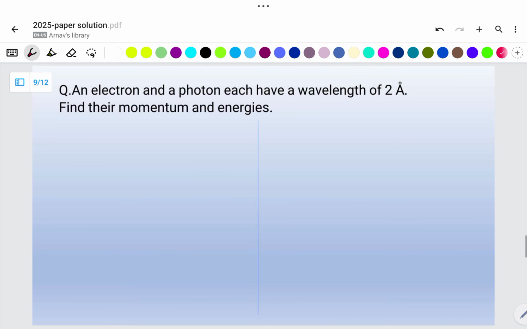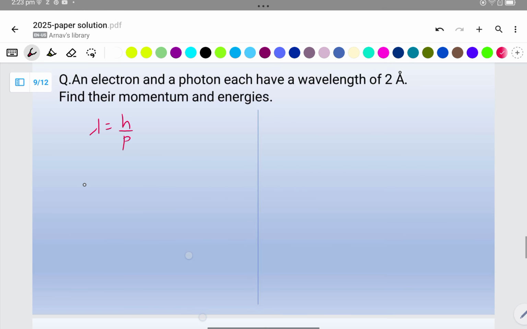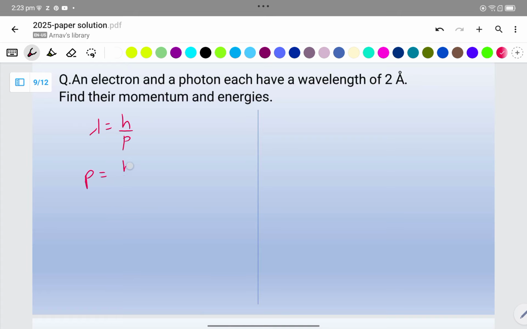An electron and a photon. We need to find the momentum and energy. For finding the momentum, we know for an electron, lambda is h upon p. So I can write p equals h upon lambda.